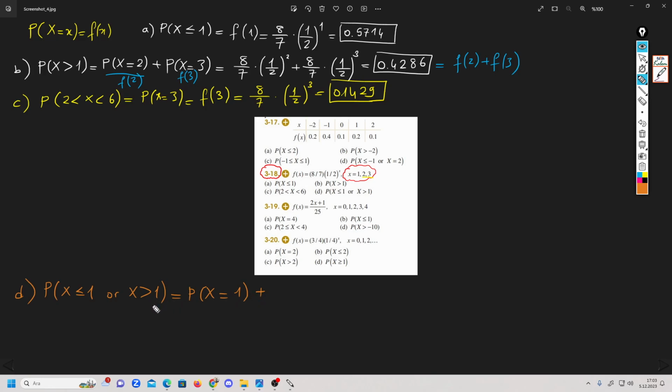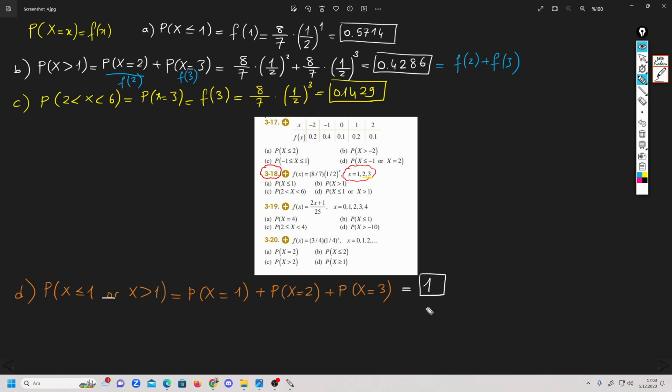And if x is greater than 1, we have two values, which are 2 and 3, P of x equal to 2 and x equal to 3. Since here it is written or, we need to add them up. So these are all the values of the variable.